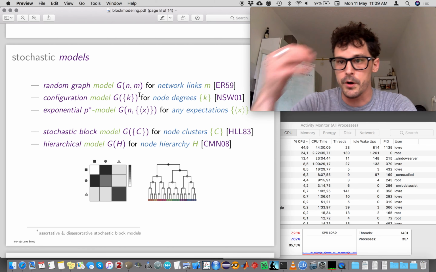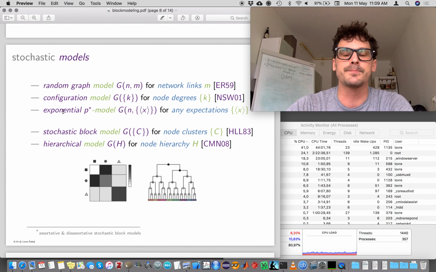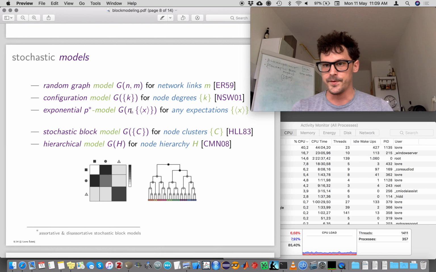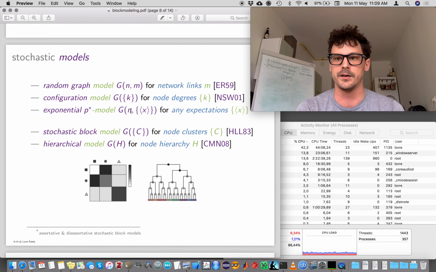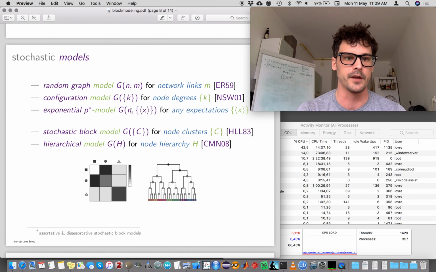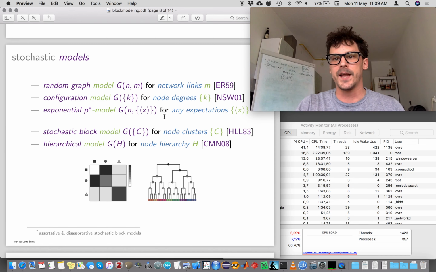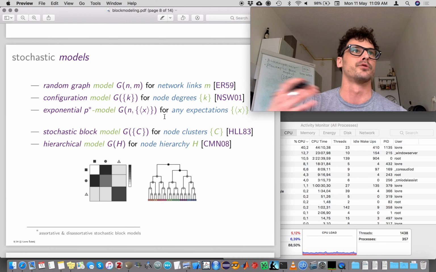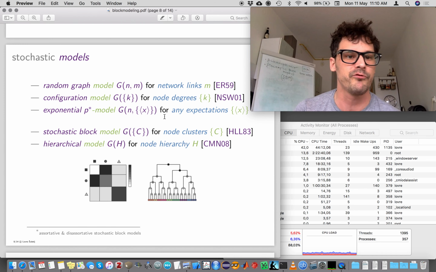We could also go on and introduce something called exponential graph models, or sometimes denoted P-star models, where you can set the number of nodes and also any other expectations that you would like your network to have. So for instance, you could specify the number of links and maybe the number of connected triplets and the probability that a connected triplet forms a triangle, and so on and so forth.